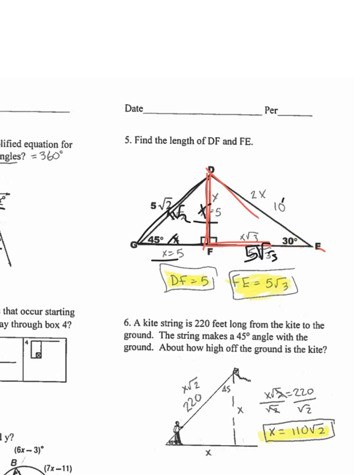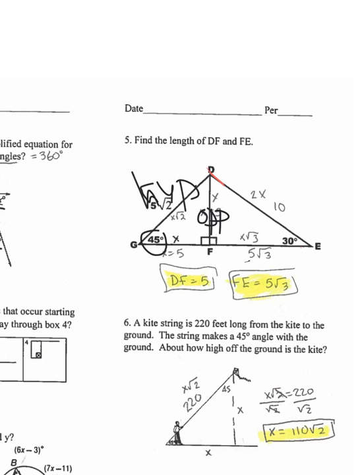So again, that's just applying the special right formulas. You could go back and use trig if you really wanted, right? You could have started from this angle by doing opposite and hypotenuse, and solve that, putting 5 square root of 2 as a decimal.